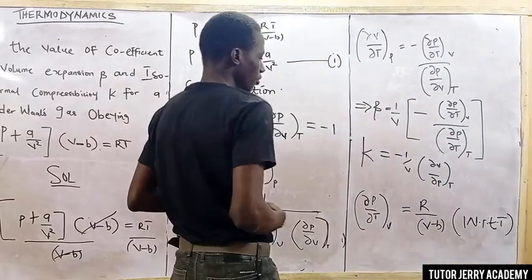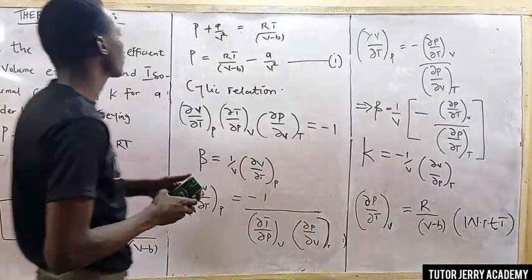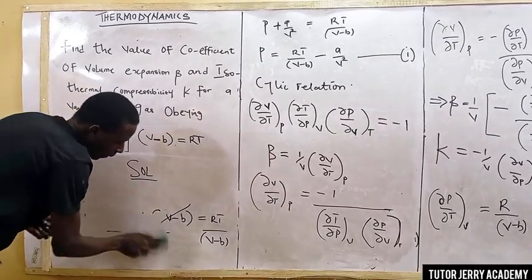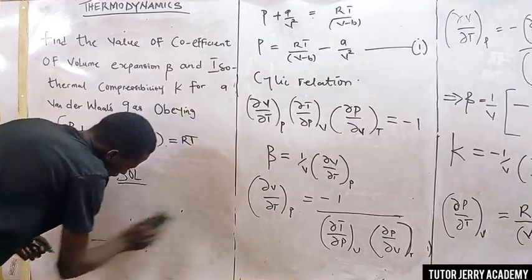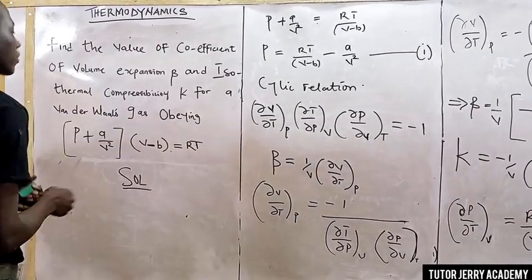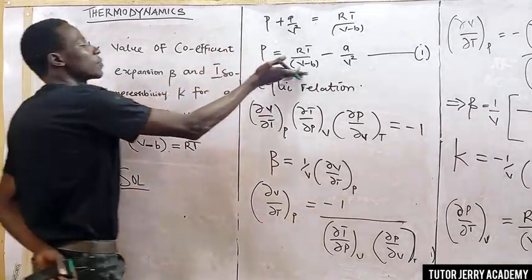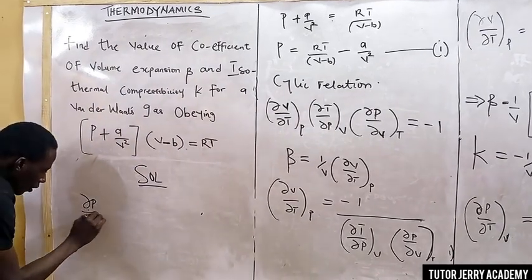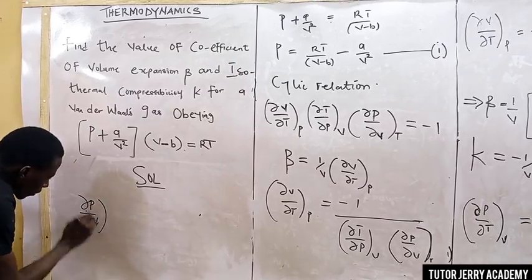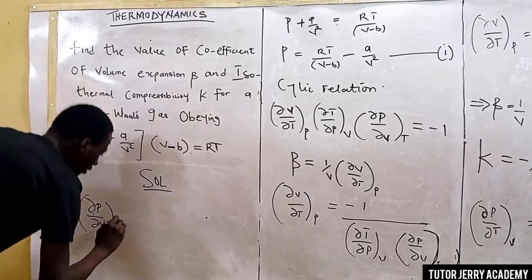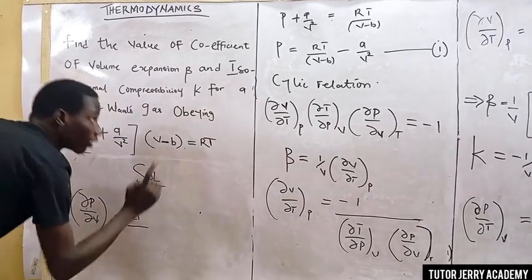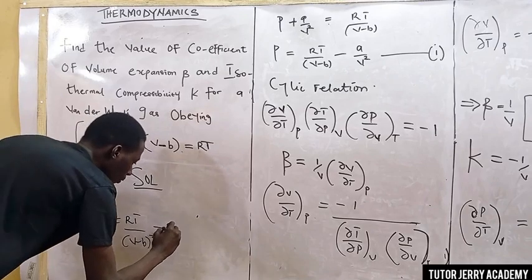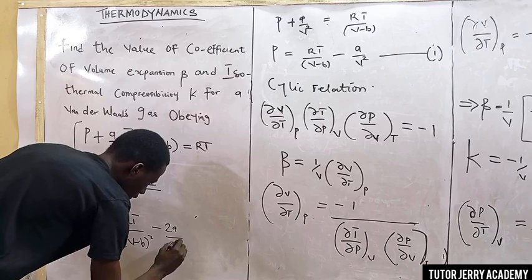The van der Waals equation with respect to T. So next, we are going to be differentiating this same equation with respect to V. If we differentiate this equation with respect to V by applying the quotient rule, we are going to have the partial of P over V, with temperature kept constant, equal to RT over (V minus b) all squared, minus 2a over V cubed.